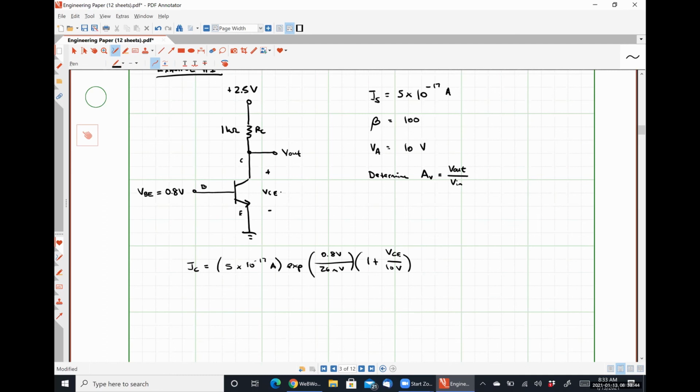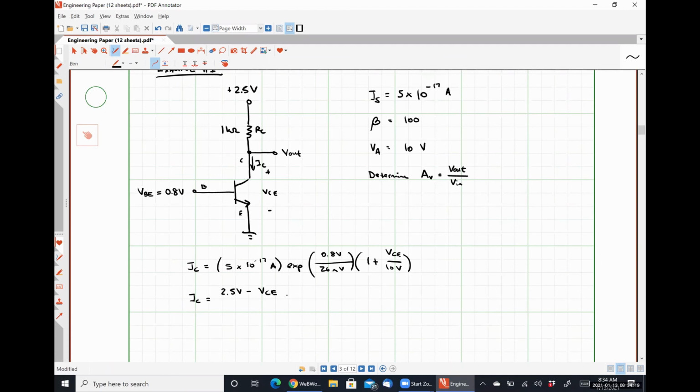Okay, so I believe Mr. Martin's argument is that there is a collector current IC flowing down here, which is the same current flowing through our resistor. So our collector current IC could be expressed as 2.5 volts minus VCE. 2.5 volts is the potential on the top side of the 1 kilo ohm resistor.